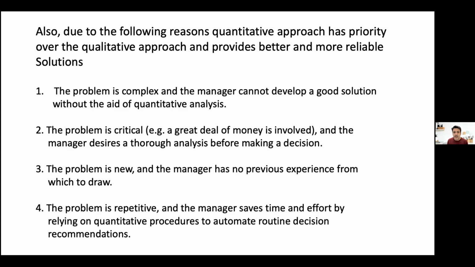Sometimes the problem is really critical, like we deal with numbers, we deal with a lot of money. That's very critical. We can't just rely on the opinions of these managers. We have to have some concrete reasoning in here, concrete evidence, something that we can rely on.